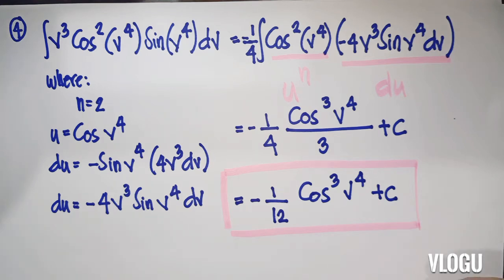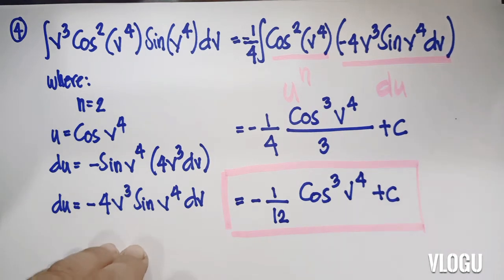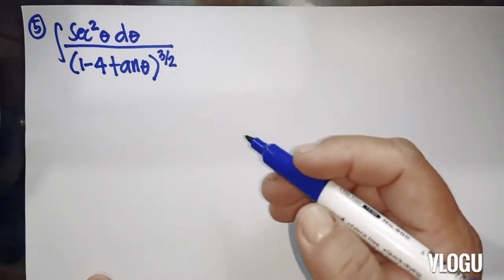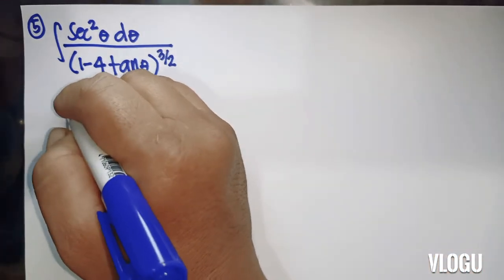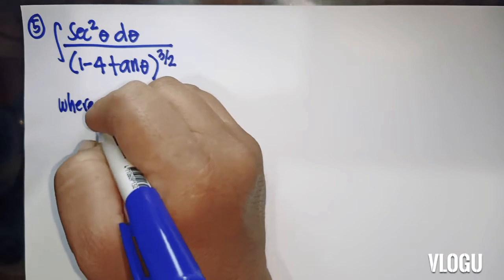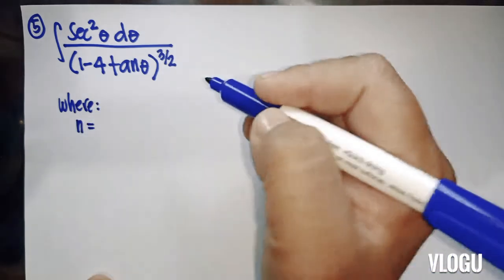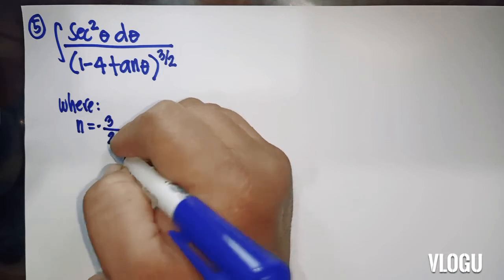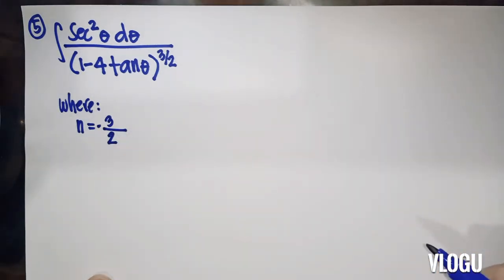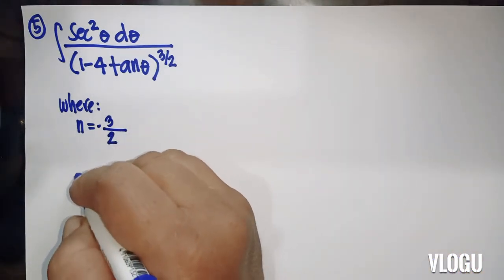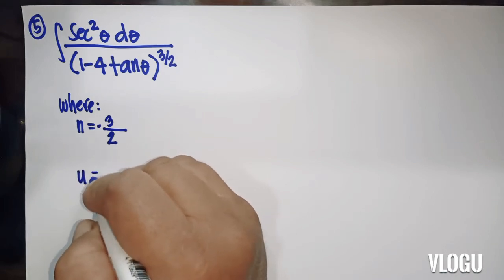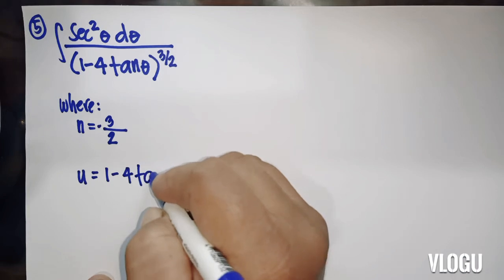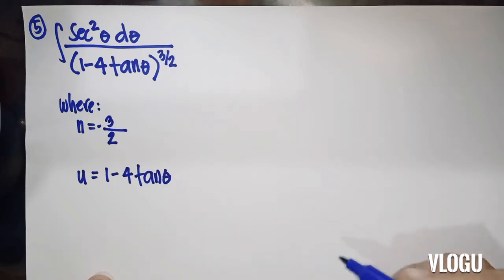Okay. In this example, we have n equal to negative 3 halves. You bring that up. Then u here is equal to 1 minus 4 tangent theta.